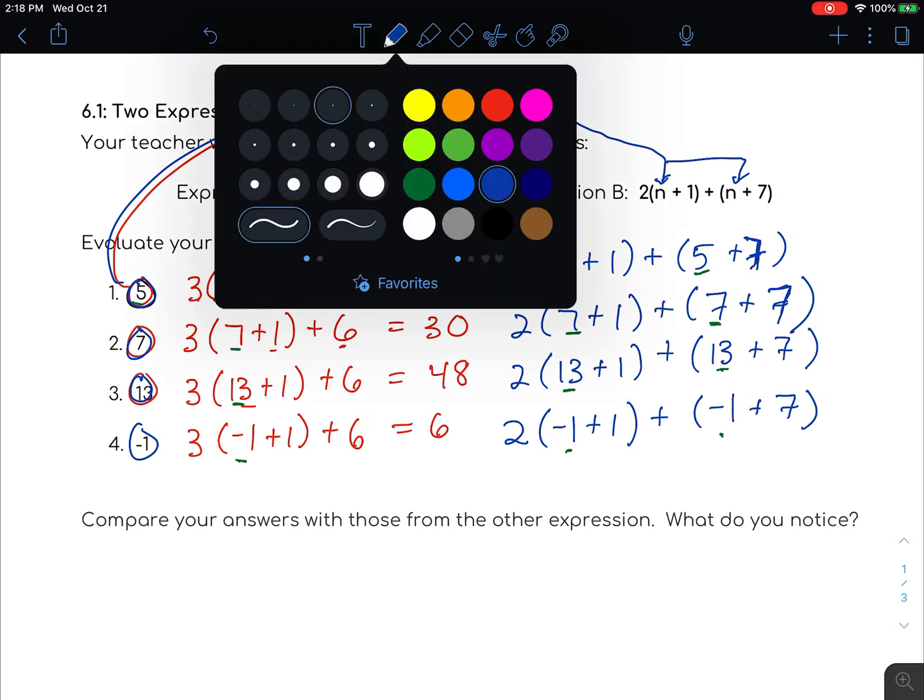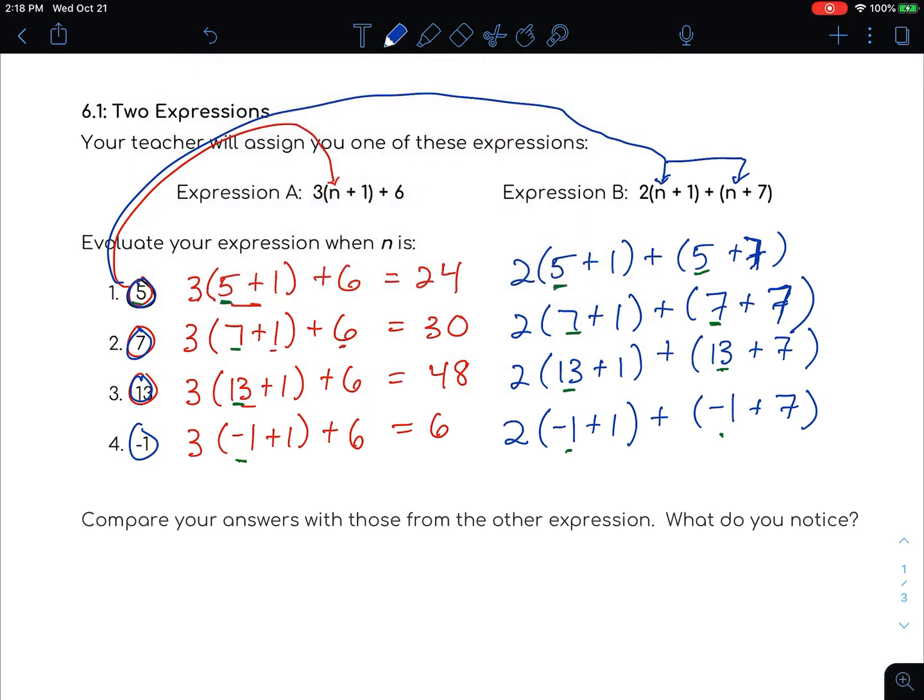Okay, so now let's actually figure out what those values are. Using the order of operations, or GEMS, or PEMDAS, let's go through and do parentheses, and then multiply, and then add. So in the first one, 5 plus 1 is 6. The other parentheses, 5 plus 7 is 12. So 2 times 6 is 12, plus another 12 is 24. In the second one, we have 7 plus 1 is 8. 7 plus 7 is 14.